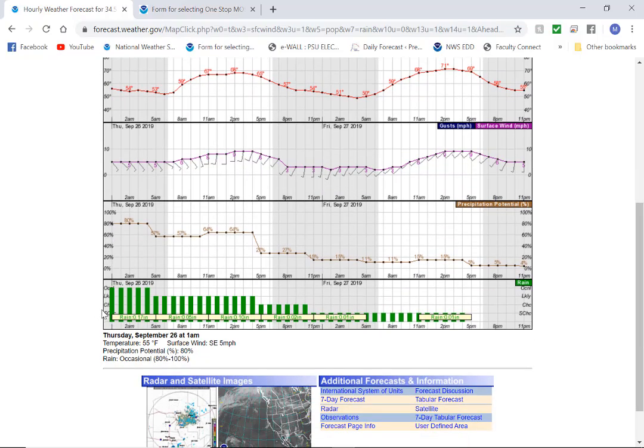What I'm really interested in down here is the amount of precipitation. How do you figure that out? One method is to add up all these numbers.